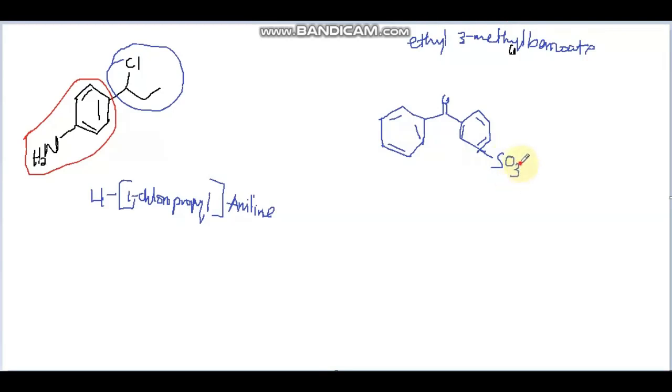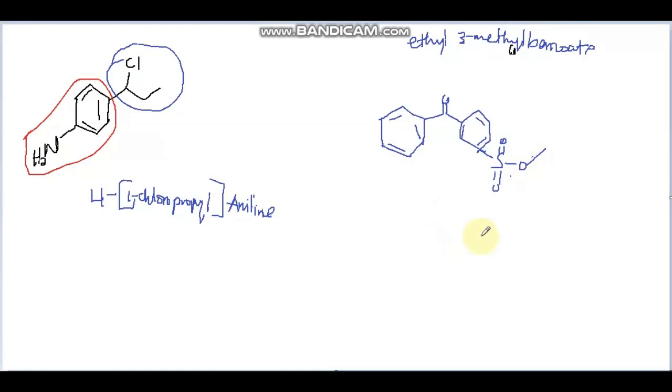Let me even expand it so that you can see it clearly. So you have this S bonded to 3 oxygens, 2 here, 1 here, and the 1 is also linked to a methyl group. So how will you name this compound?